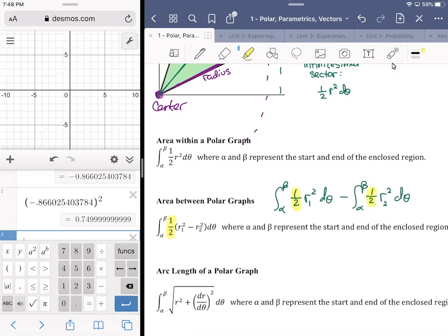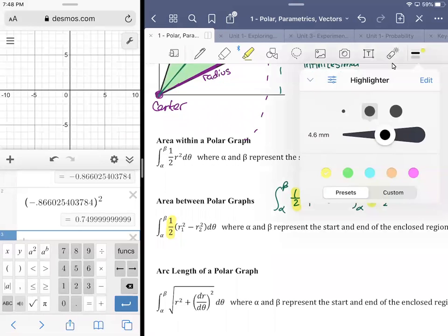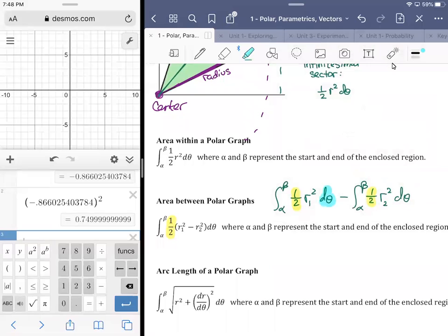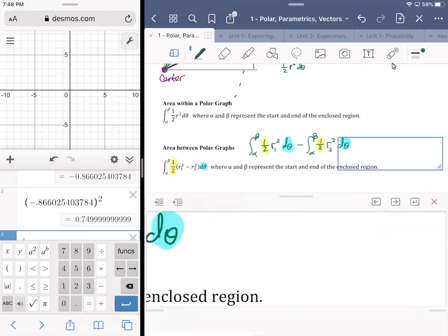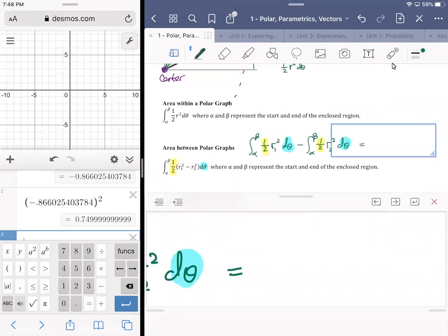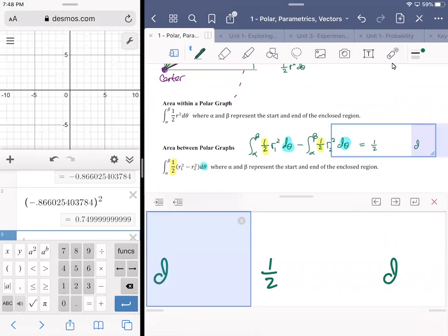That's where this 1/2 is coming from. And we have a common d theta. That's where this one is coming from. And so when you factor those out, let's chuck it over here. We get 1/2. We have the r1 squared and the r2 squared.